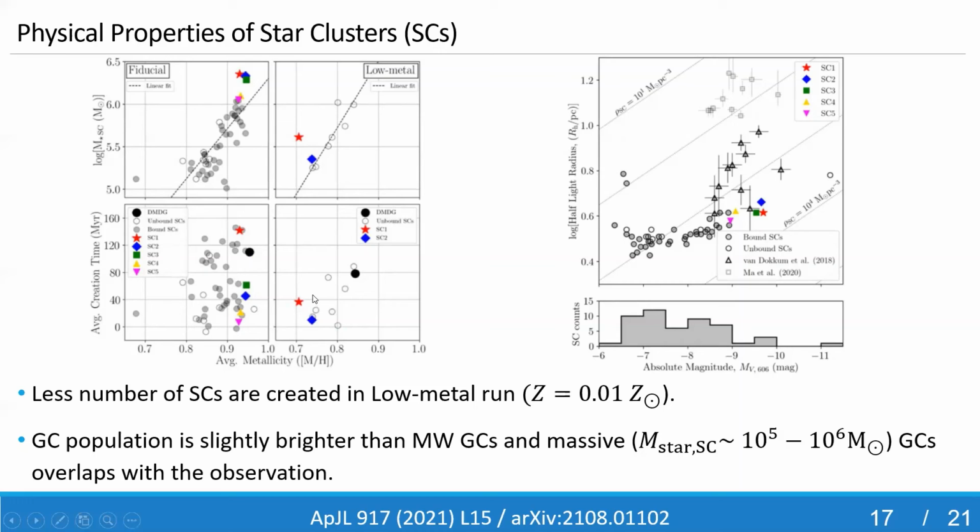The half light radius or half mass radius and estimated absolute magnitude of star clusters are shown in this plot, and they are in line with the observed results from van Dokkum et al. and Ma et al. Also, the star cluster population is slightly brighter than nuclei GCs, and massive star clusters overlap with the observations.